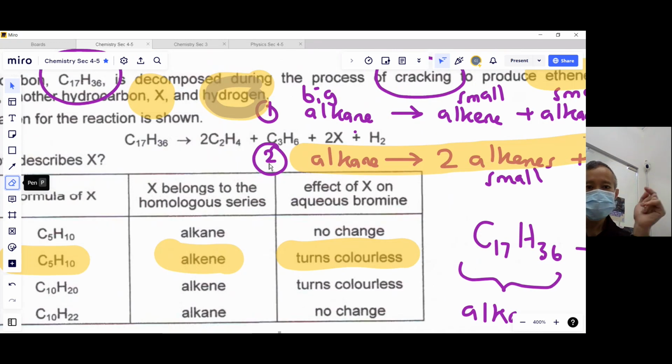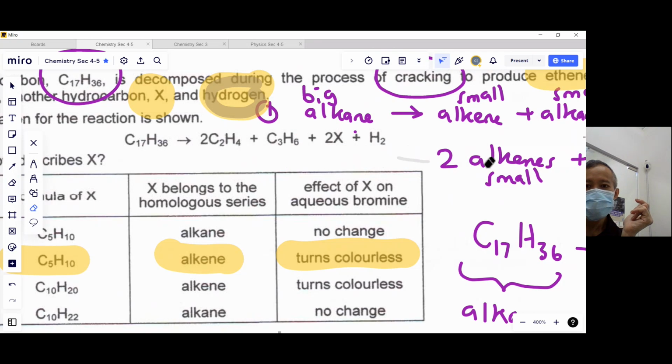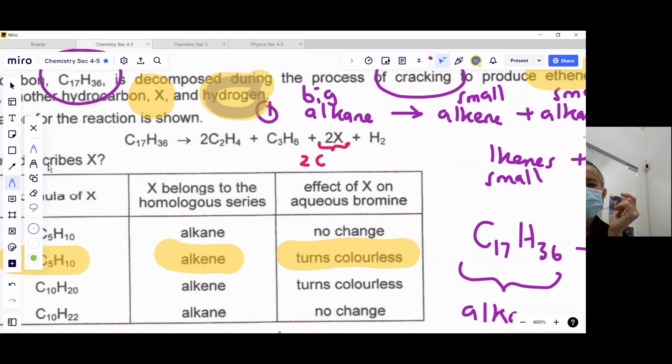Let's look at this. Let me cancel this off first. If we look at the equation given, if it's balanced, 17 minus 4 minus 3 is what? 10. 10 divided by 2 is 5. Okay, fine.